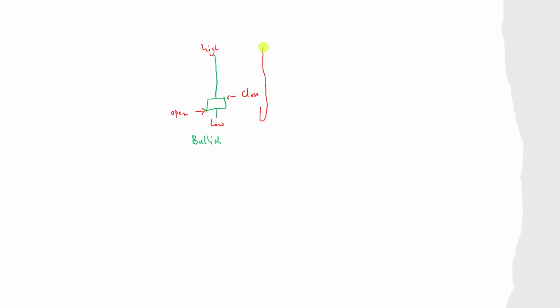Then the bears came in and overpowered the bulls and brought down the candle from this particular point to this place where it closed. So what we understood from here is that the bulls came in from here and pushed it up to this high, and the bears came in and pushed it down.